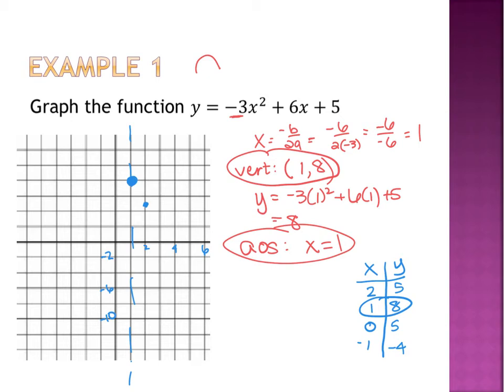I have the coordinate point (0, 5), which will fall right here, and (-1, -4) is going to be down here. So if we connect our points, you're going to see that we end up with something that looks like this. It is downward facing, which I expected from the beginning, and I'm probably on the right track at this point in time.